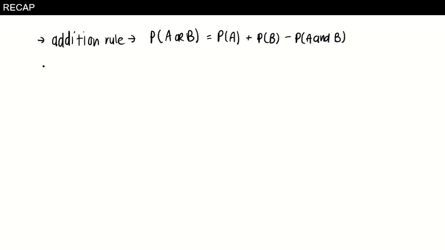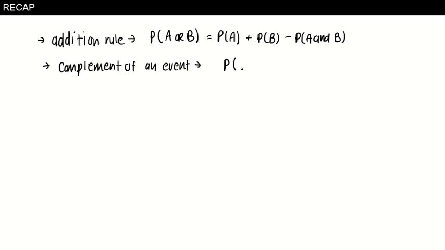Now we also get the complement of an event. And the complement of an event we use when we are given the probability of not A, or the false or negative side of an event.